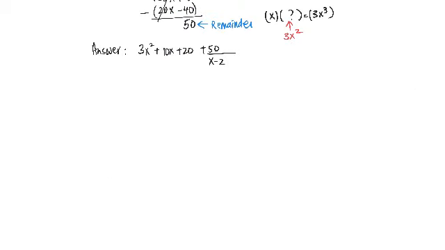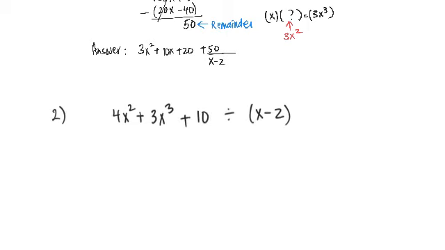Now, the second thing we're going to learn to do is a shortcut way to do what we just did. So I'm going to take the same exact problem, 3x cubed plus 4x squared plus 10, divided by x minus 2.